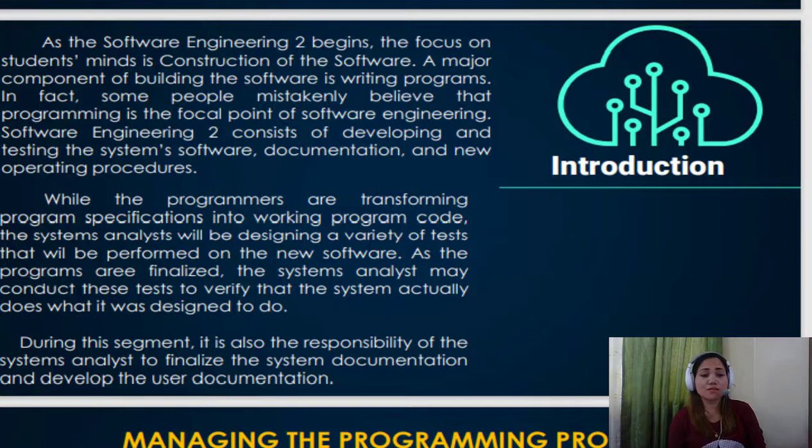Software Engineering 2 consists of developing and testing the system software, documentation, and new operating procedures. Developing system software can be the largest single component of any software engineering project in terms of both time and cost.